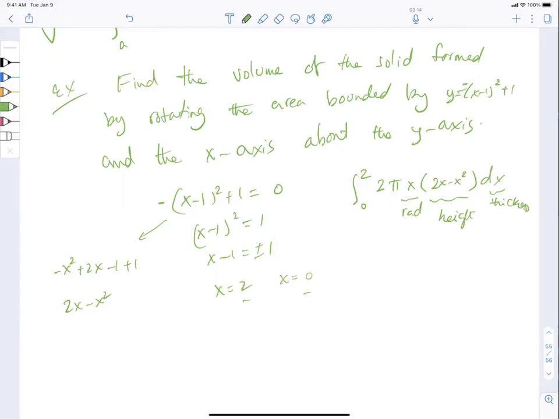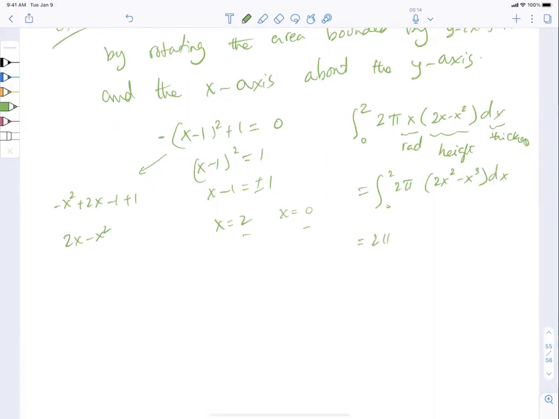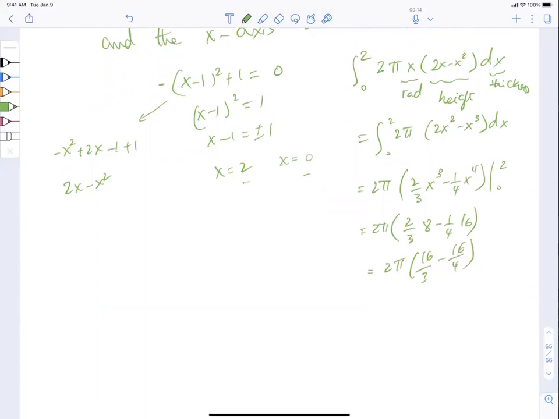And this integral, of course, gives you the volume. Evaluating, you get 16 thirds minus 4, which is really 4 thirds. Okay, so that's the volume of the solid.